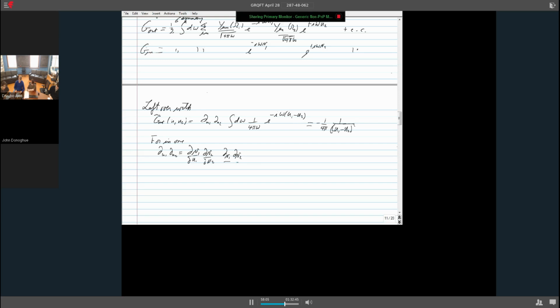Okay, so that's this piece here, and I've got the g factors right there. This turns into minus 1 over 4 pi U1 minus U2 squared.